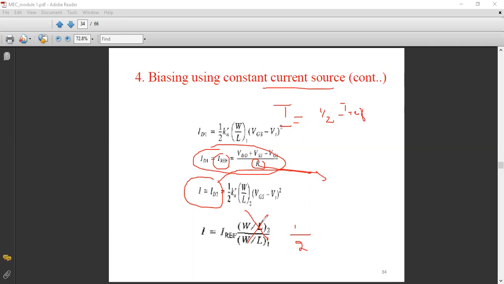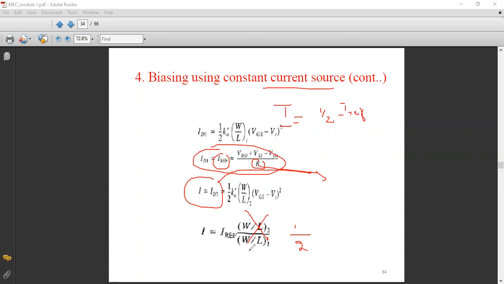Again, I'm repeating, a current mirror is a special case of a current source. It's not necessary that a current source will always act as a current mirror, while all current mirrors will act as current sources. All current mirrors are current sources because they are providing a fixed bias current, but all current sources are not current mirrors. A current source will act as a current mirror only if the aspect ratios of the two MOSFETs are the same.